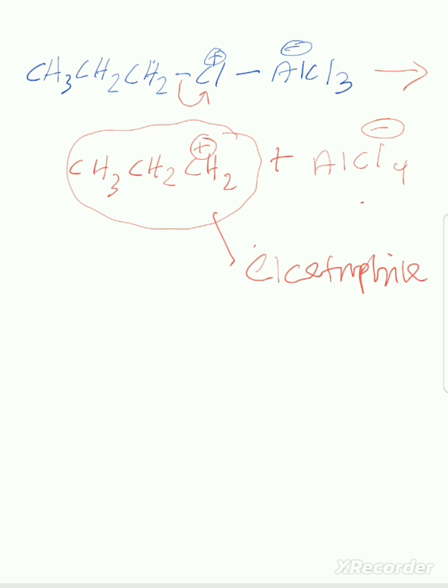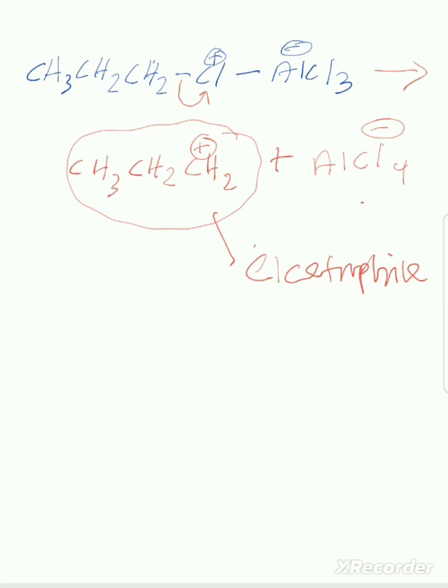But we need to understand that when we are dealing with Friedel-Crafts alkylation, there will be a rearrangement in Friedel-Crafts alkylation of benzene. Why? Because here is a formation of a carbocation.